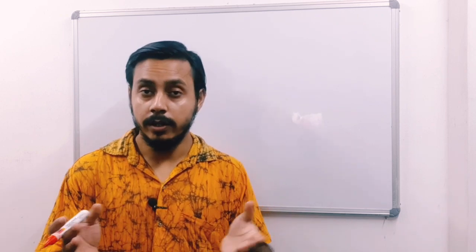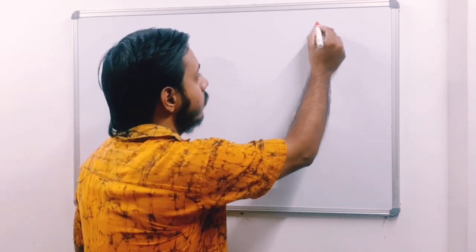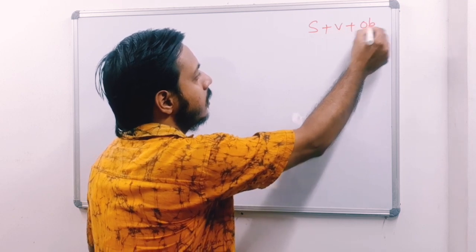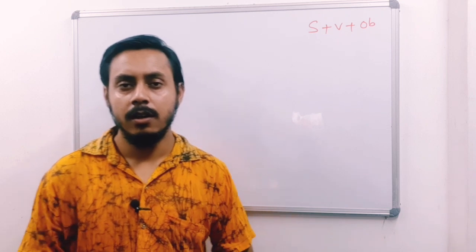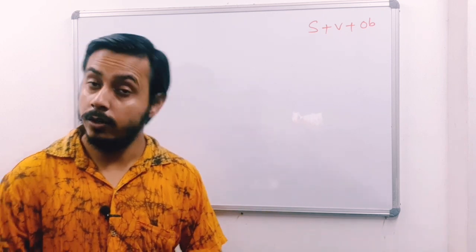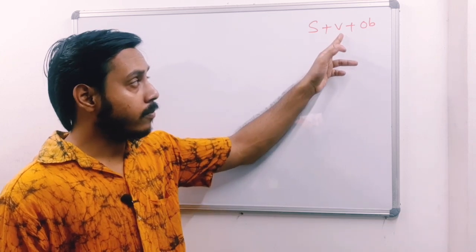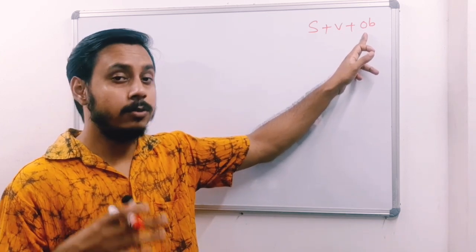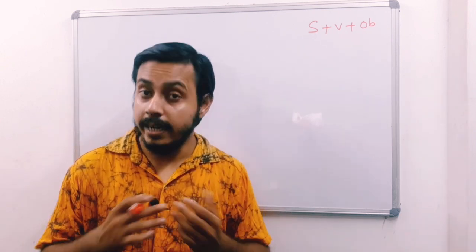First we have subject, then verb, then generally we have object. Generally, that means sometimes we have an object and sometimes we do not. Whether the word just after the verb is really an object or not, that's what we are going to identify right now.